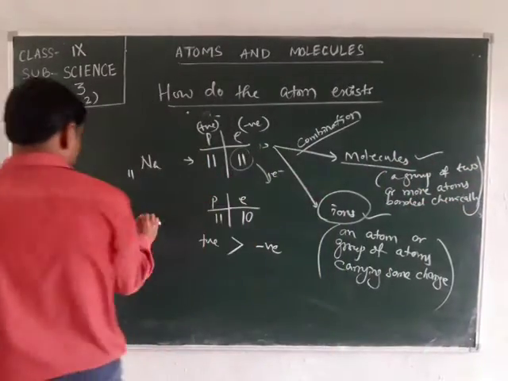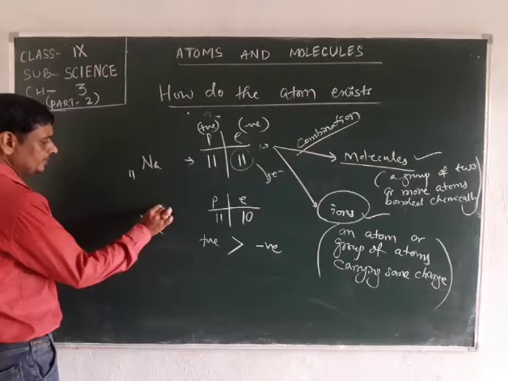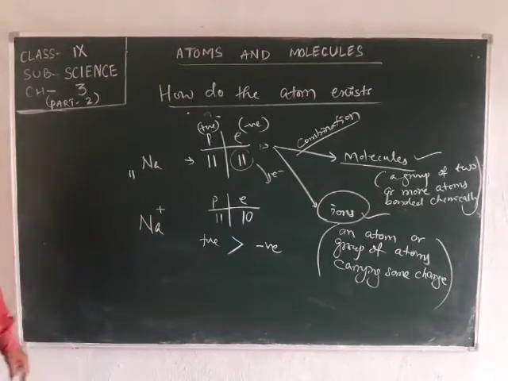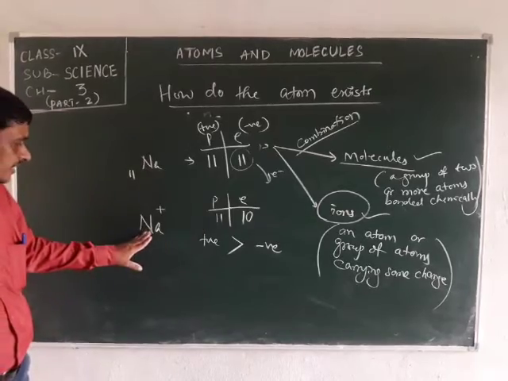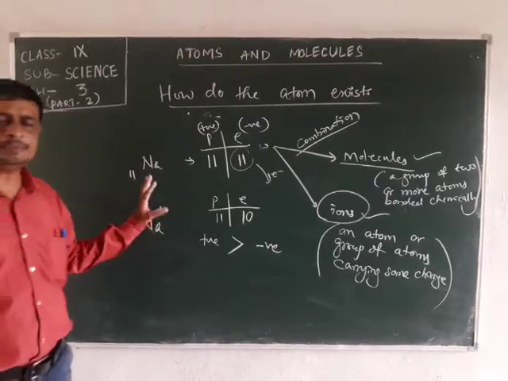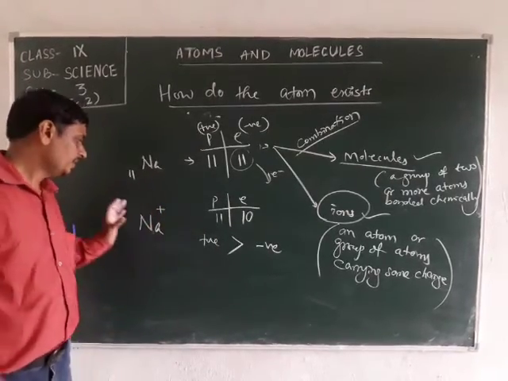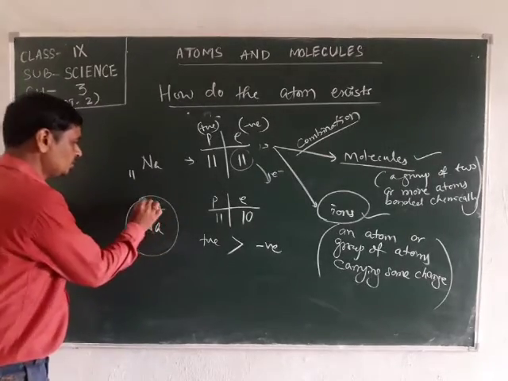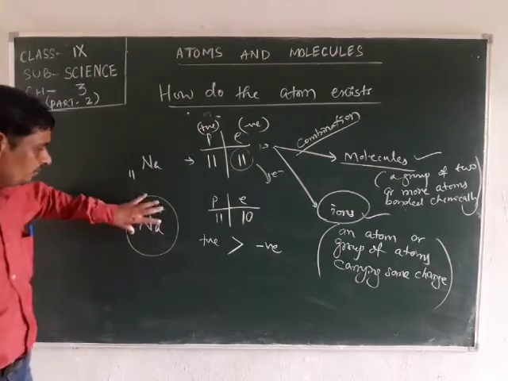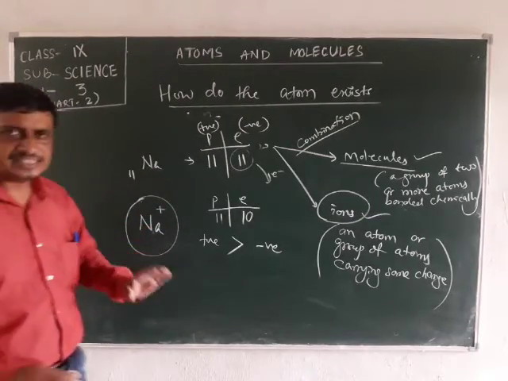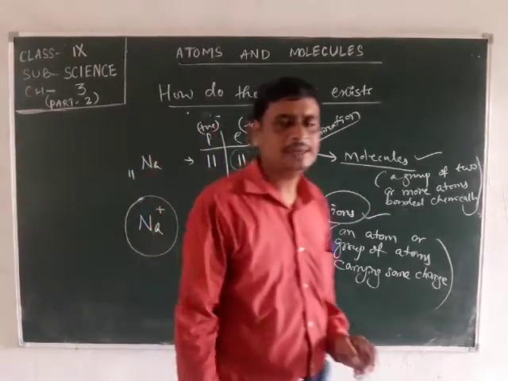It becomes electrically positive. Since one more positive charge is there, the atom will show positive nature. It becomes a positive ion. This type of atom which carries some charge is said to be an ion.